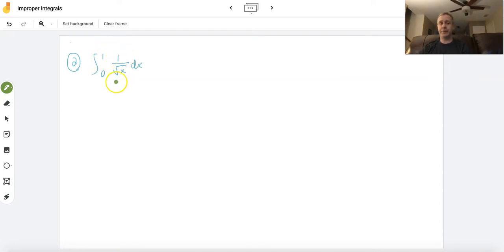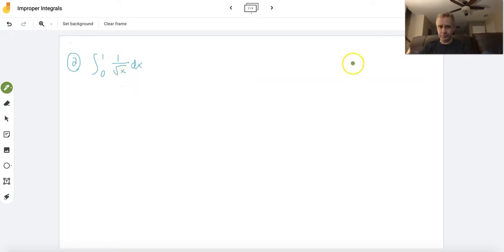In particular, one of these limits of integration, when we plug it into the integrand, is going to cause that integrand to be undefined. And hopefully we would agree that at 0, when we plug that into this integrand, that's going to make that undefined. And that's where we're having an issue. That's where what looks like this definite integral is actually an improper integral.